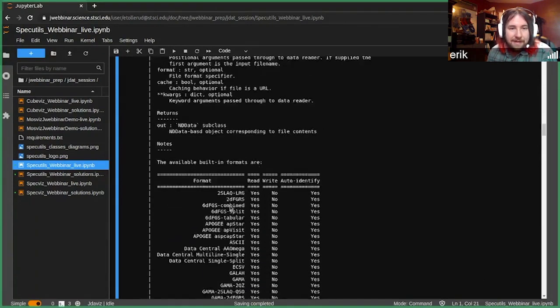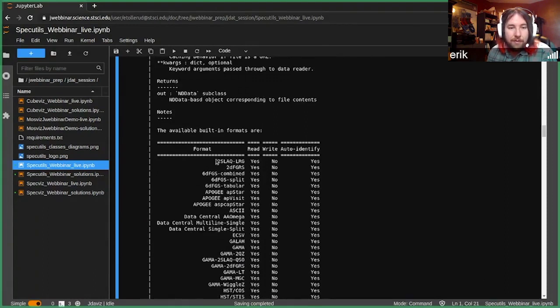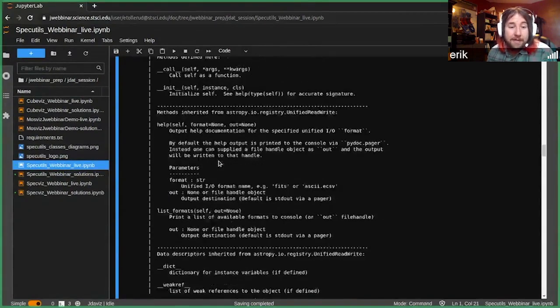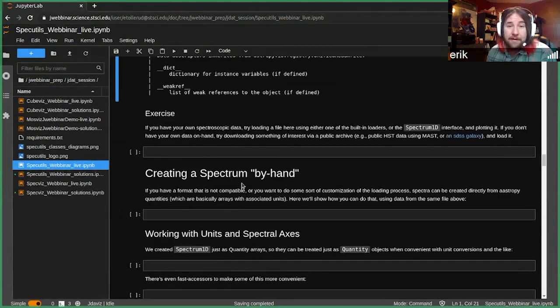So the idea is, if the data you're looking at is one of these things where there's a well-defined format that has somebody who is willing to write a reader for it and has contributed it, then you're all good. But as we know, data sets are often not that simple.